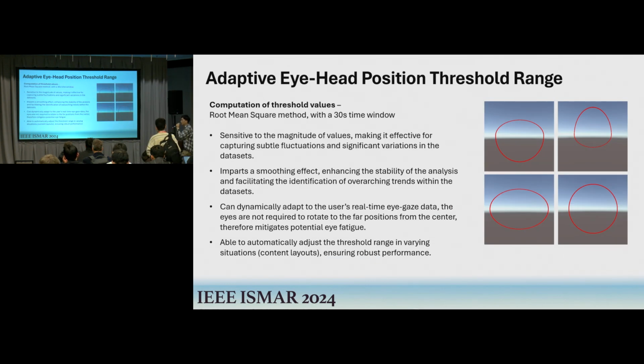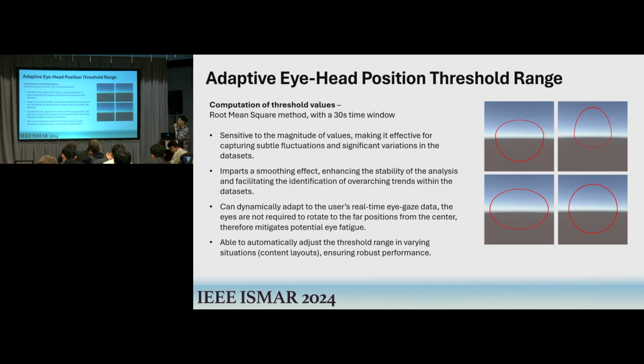Additionally, we compute the threshold values with a root mean square method with a 30-second time window. With this method, along with the algorithms for the two halves of ellipses, the system is sensitive to the magnitude of values, making it effective for capturing different kinds of variations in the real-time datasets.